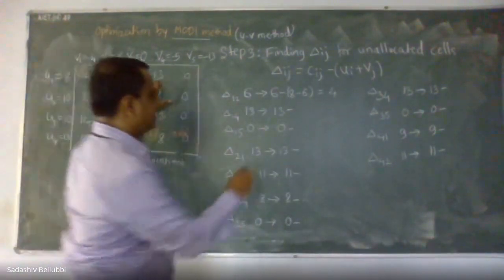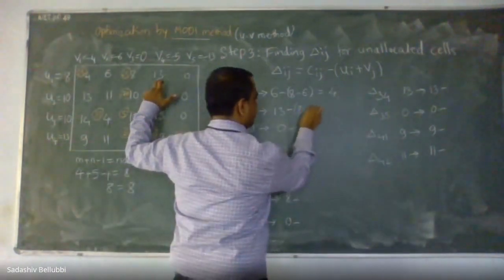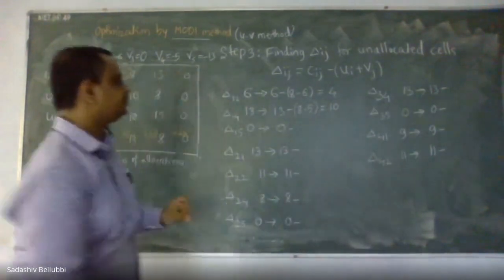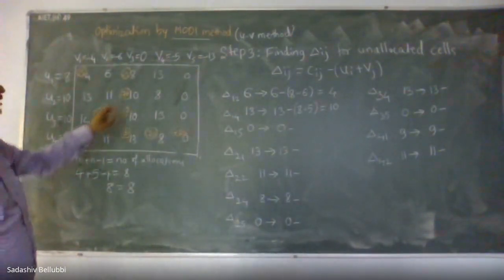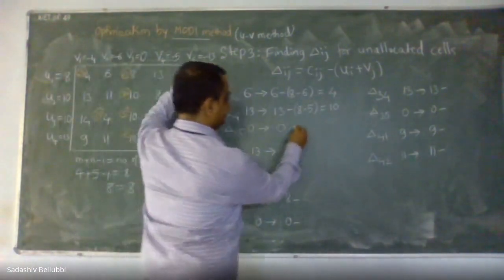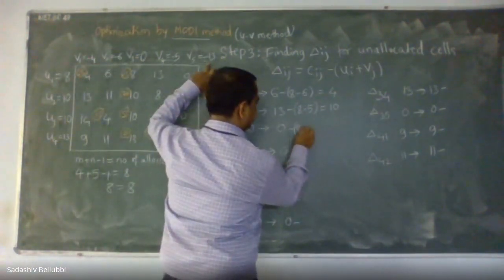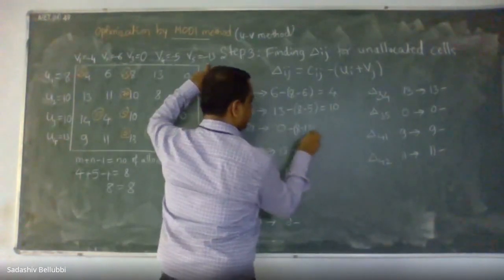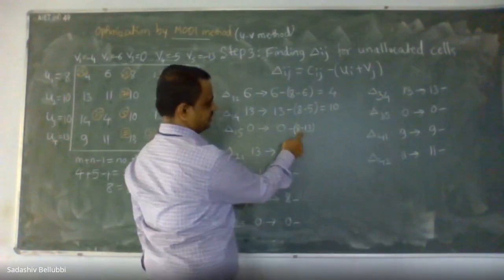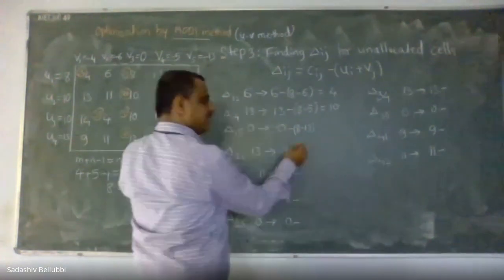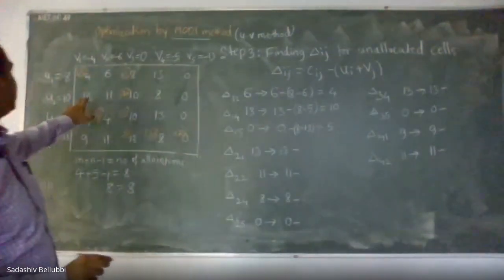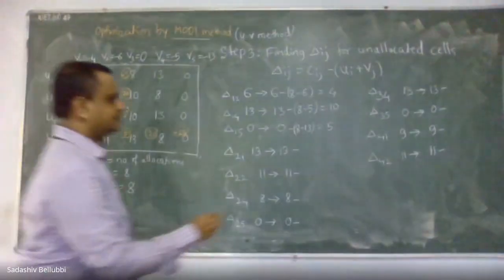For this, 8 minus 5, it is 3. Next one, delta 1,5. 8 minus 13 is minus 5. So it is plus 5. Next one, delta 2,1, for this one, 10 minus 4.